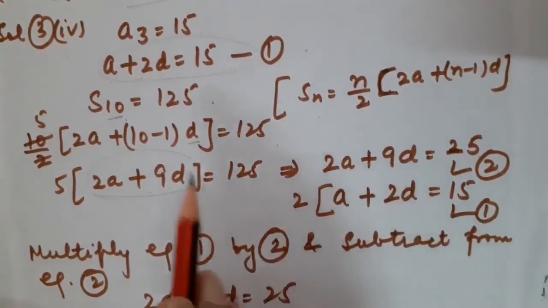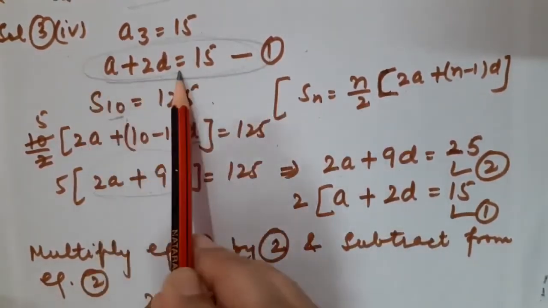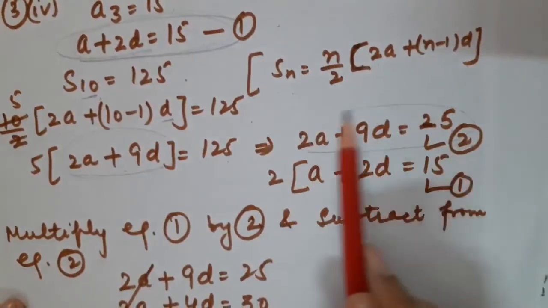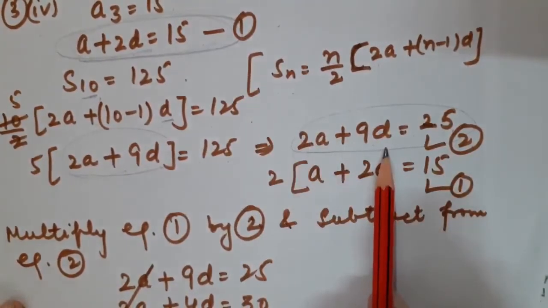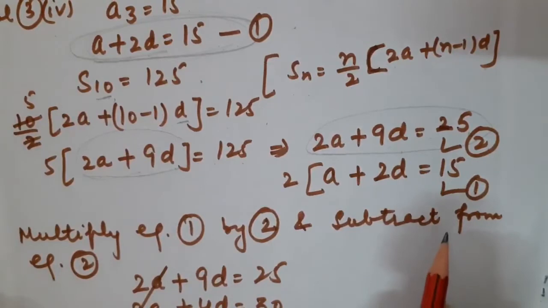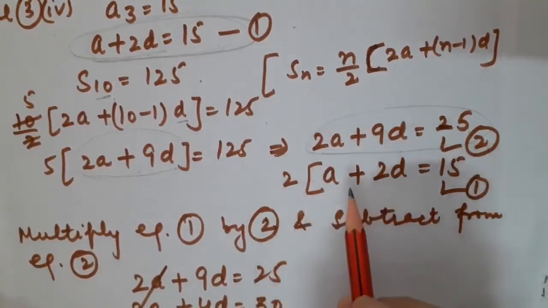Please recall this concept. This is equation number 1 in two variables, that is a and d. This is equation number 2 again in two variables a and d. So what we have to do? We will have to solve them so that we can calculate the value of a and d. Fine. So please observe, as I am going to apply elimination method.